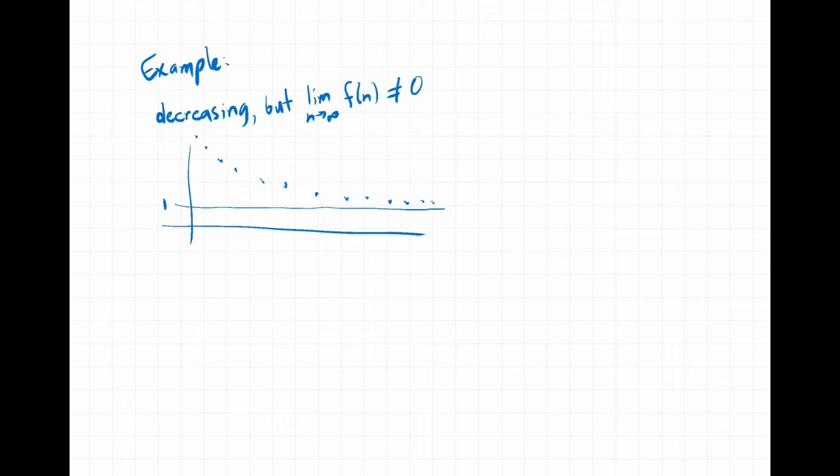On the other hand, you could have a function where the limit is equal to 0, but it's not strictly decreasing. Here's an example.